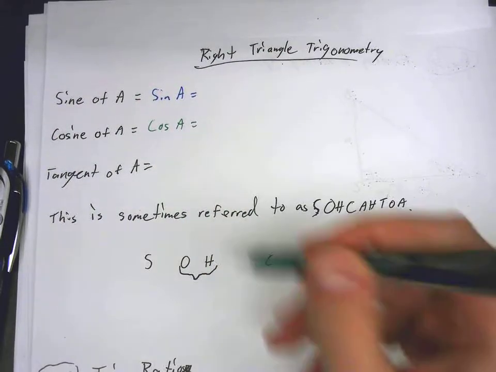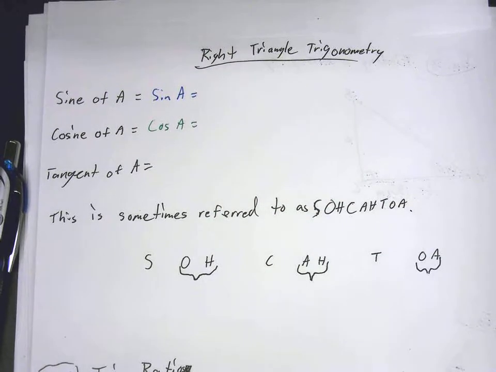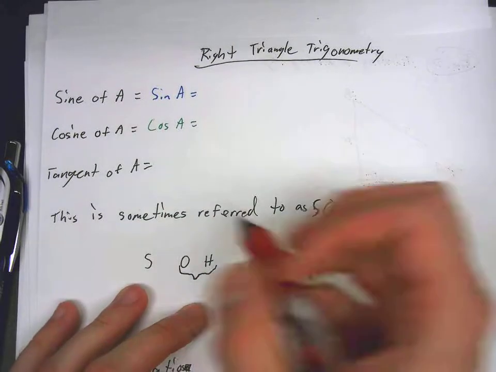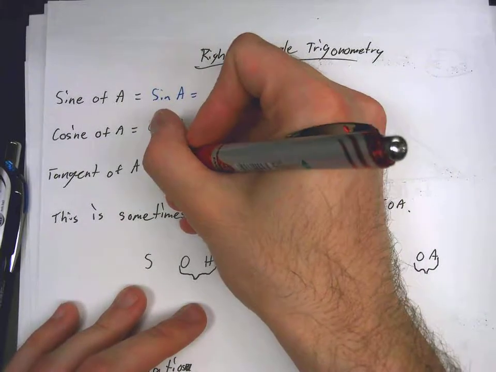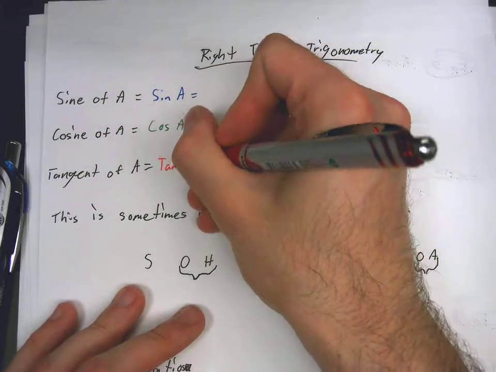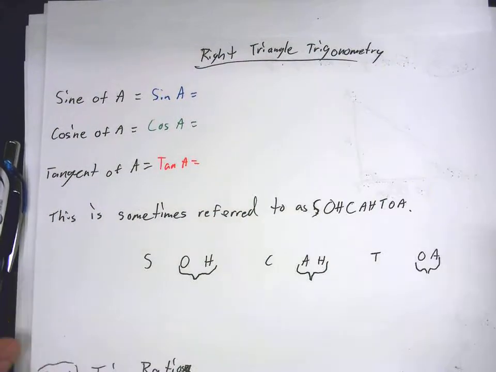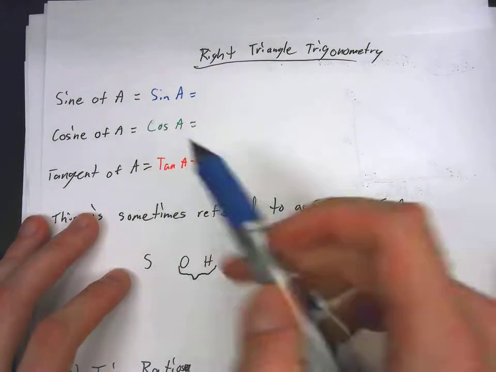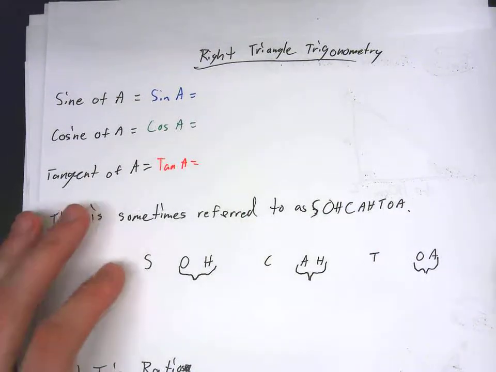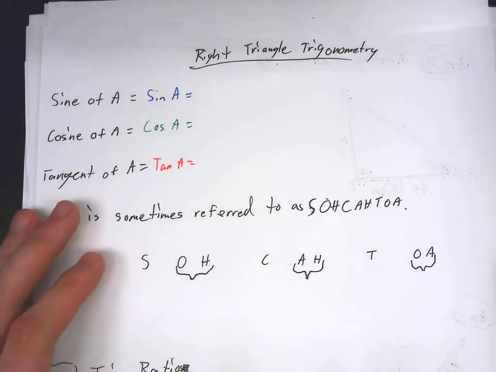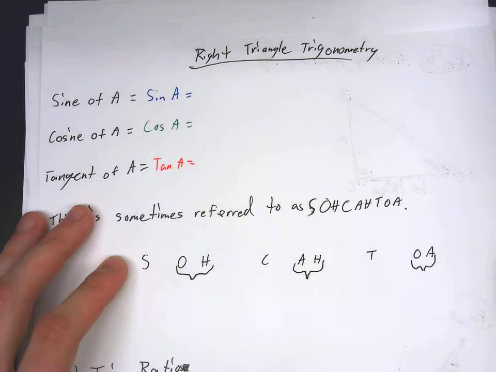And then again, A, I'm just using that, but really it could be any letter, or it could be replaced by a number if you know the angle measure. And the last one we have is tangent of A, which can be shortened to tan. Now, this will make more sense when we actually look at a triangle, but for now, I'm just giving you the information out before you get to the next video.